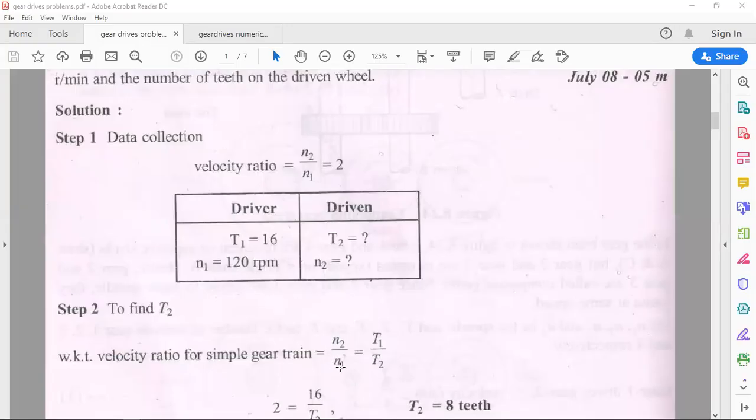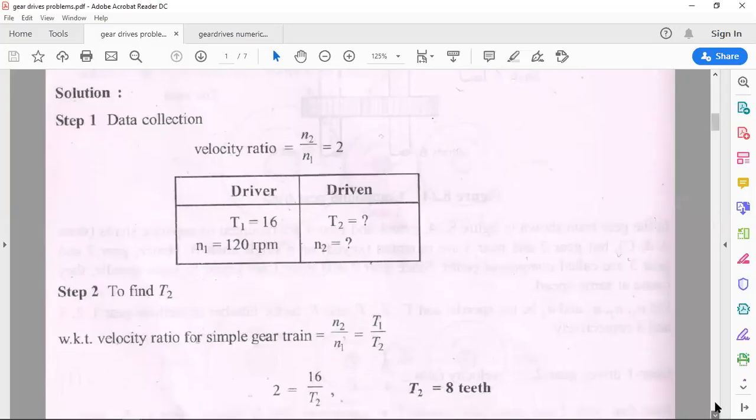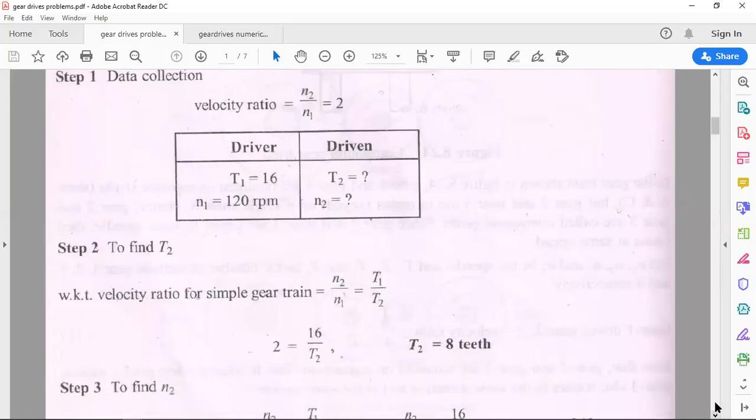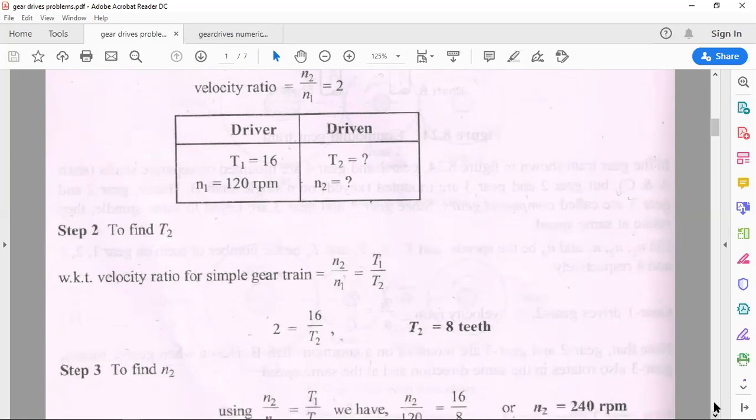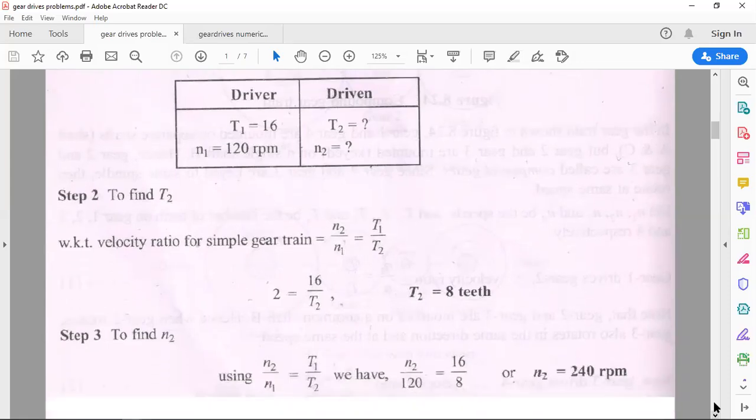So 240 by 120 is equal to T1, which is 16, by T2, which you need to find out. Substitute the three values and get the fourth value, which is 80. That is how we can find the speed of the driven and the number of teeth on the driven wheel or follower wheel.